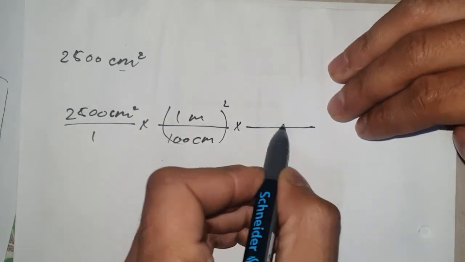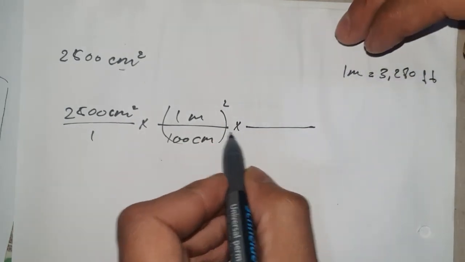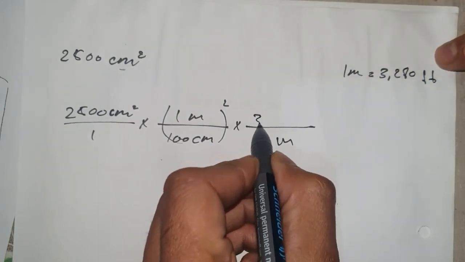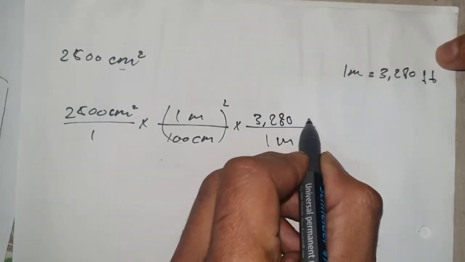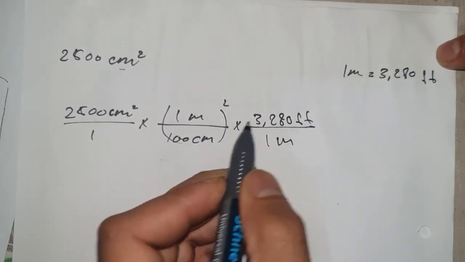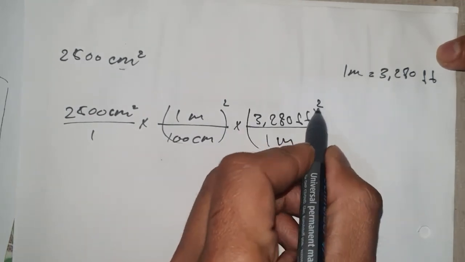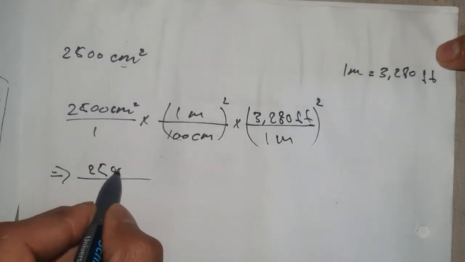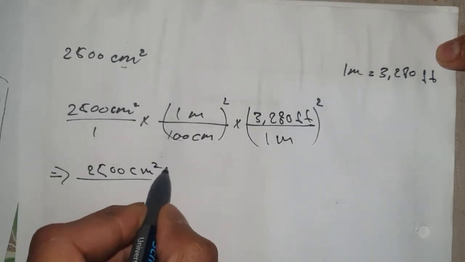Then on the other side, in 1 meter we have 3.280 feet, so we also have to raise that to the power of 2.